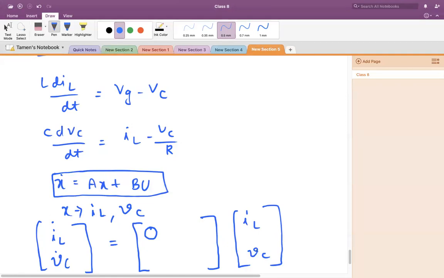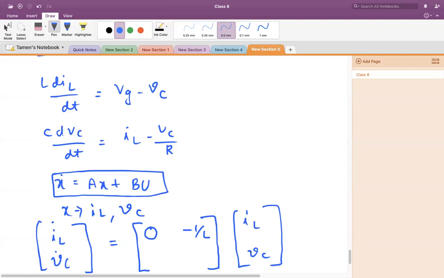Vc is there, right? It will be minus 1 by L, because this L will come at the bottom, so it will be VG minus VC by L. So that means minus 1 by L into VC.